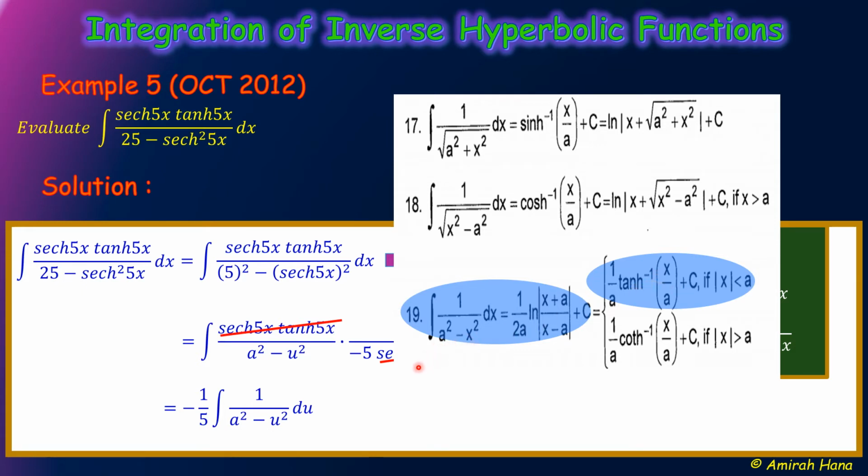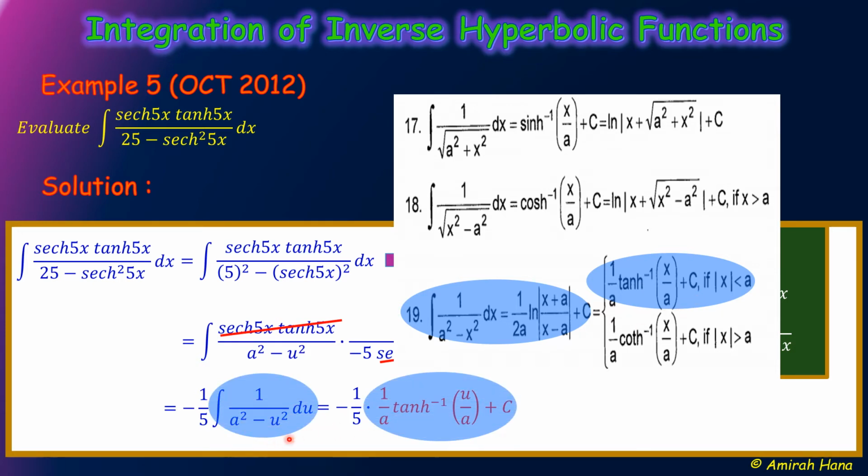In the previous video, we wrote this formula in terms of ln. Now we write it in terms of inverse tang. So we have negative 1 over 5, then 1 over a inverse tang u over a plus c.